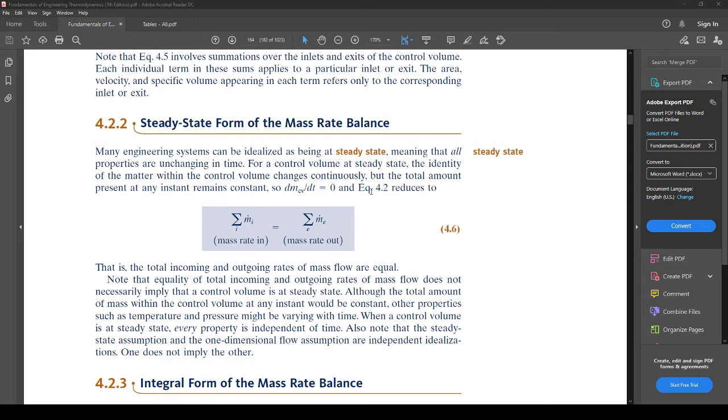All right. So then we have the steady state form of the mass rate balance. Steady state is what we are going to assume everything in this class is. So everyone do listen up here. We are going to assume that steady state applies for basically all of our questions. And what steady state means is that all properties are unchanging with time.